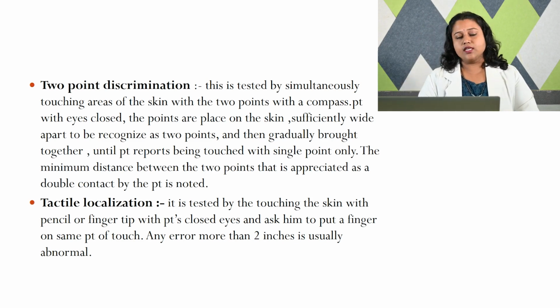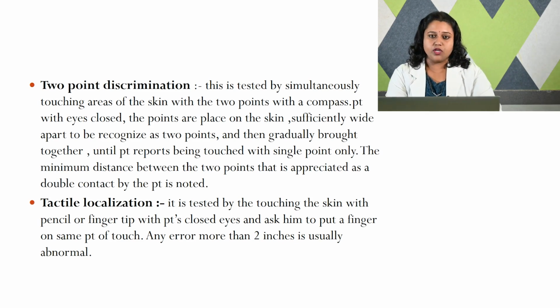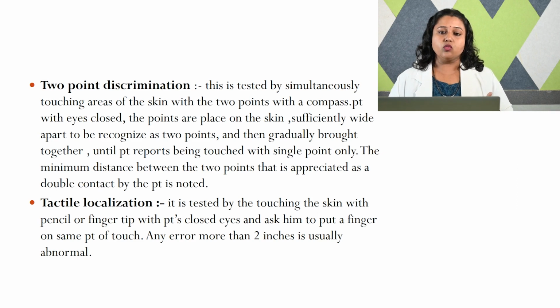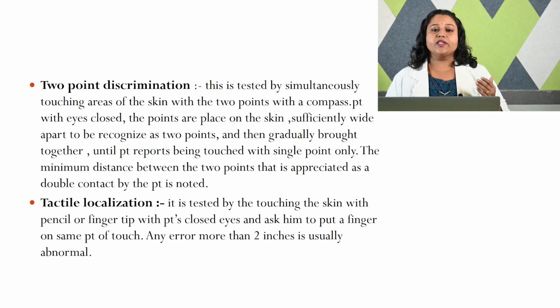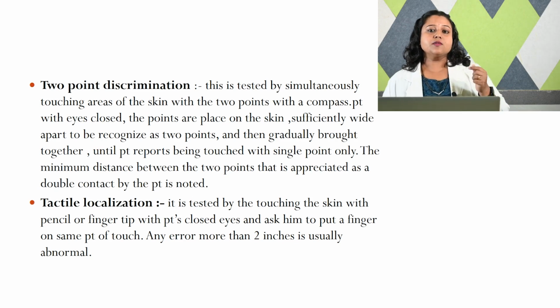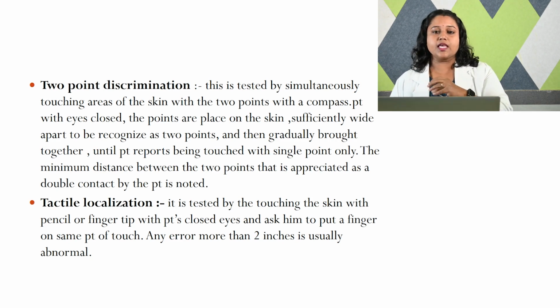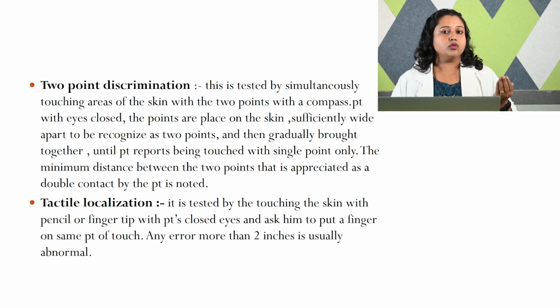So we have seen the sensory examination system today. We have seen how to examine, and there are some set rules on how to take a proper assessment of sensory examinations. Then we have seen the spinal cord tracts. We need to learn by heart the tracts, which impulses are carried through which tract system to the CNS.